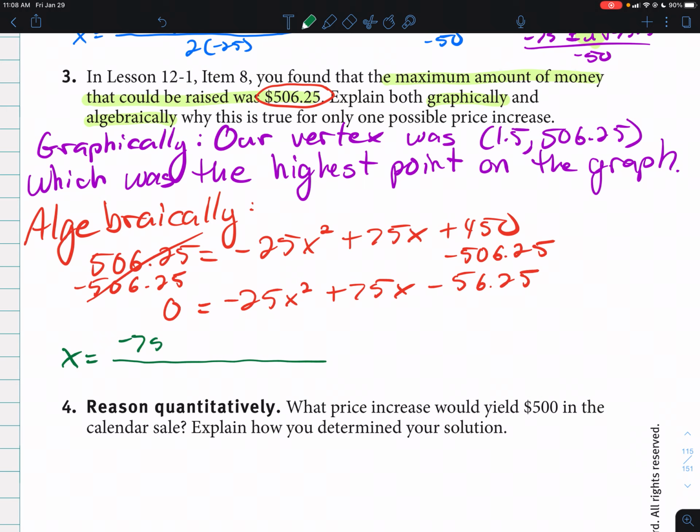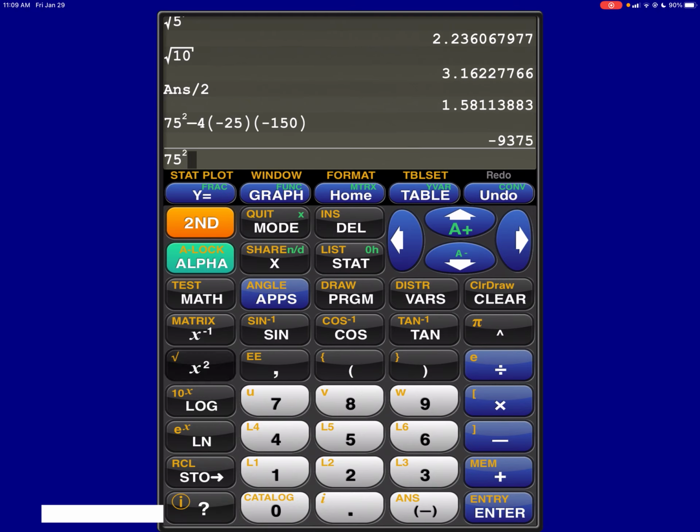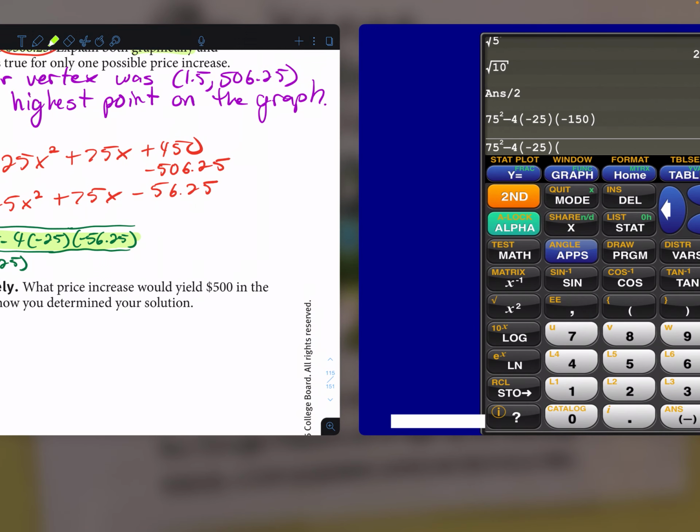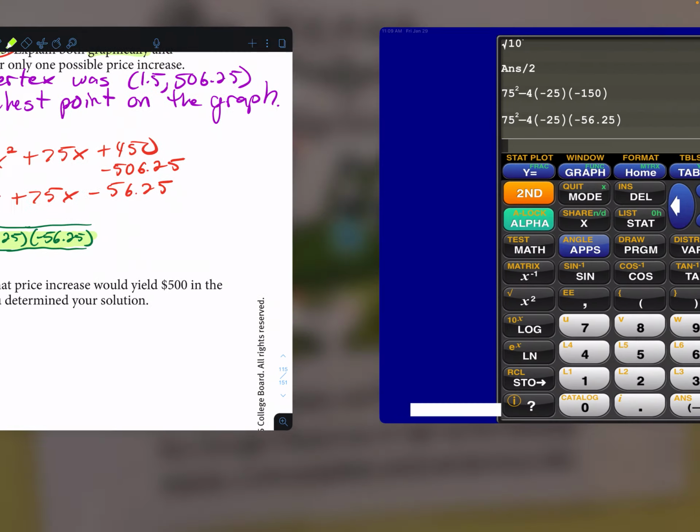So the opposite of b plus or minus the square root of b squared minus 4ac, and we're going to get 2 times negative 25 down here. So let's slap this hot mess into the calculator. 75 squared minus 4 times negative 25 times, what was it, negative 56.25, gives us 0.